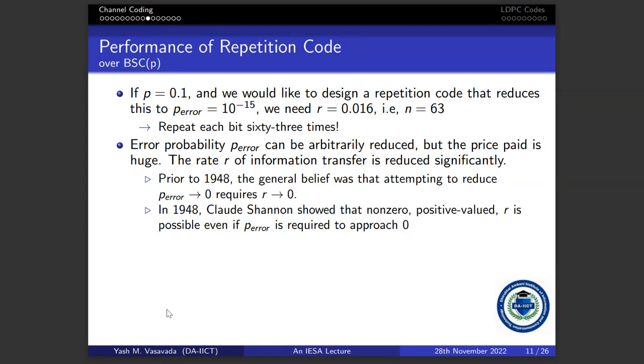What he said is that the general belief was that if I want to reduce the error probability to near zero, it requires that the rate becomes close to zero, basically the efficiency has to drop to pretty much zero. My use of the communication link has to be made highly inefficient. Only when I do that can my error rate approach zero.